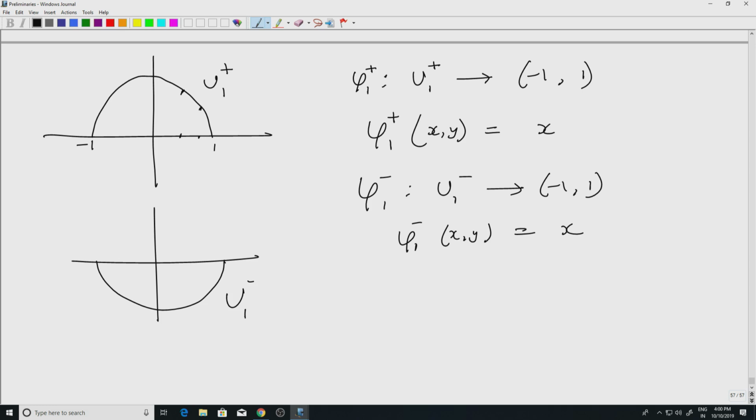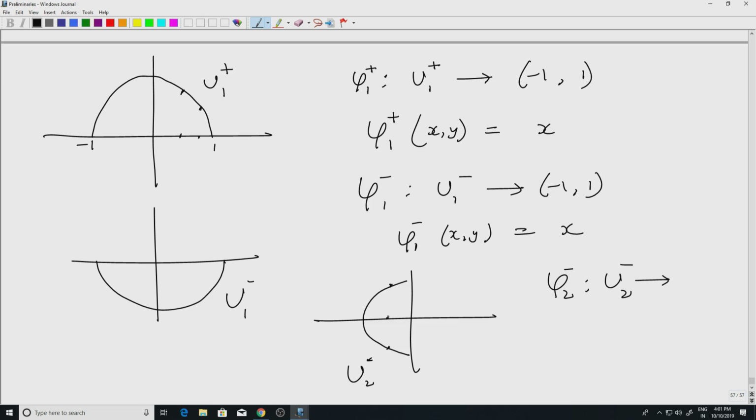And as for the other two, well, so this was U2 minus, so I define phi2 minus from U2 minus again. So this time, if I do the same thing as I did by mapping to the x coordinate, I won't get a bijective one-to-one map, because this point here and this point here, for instance, will get mapped to the same point.